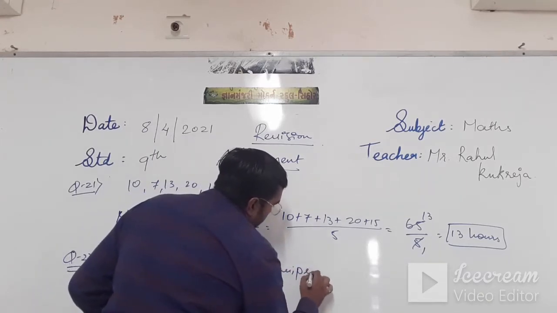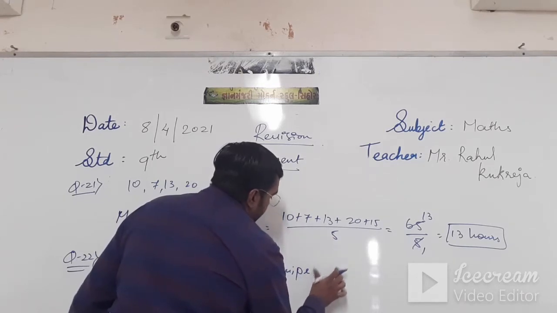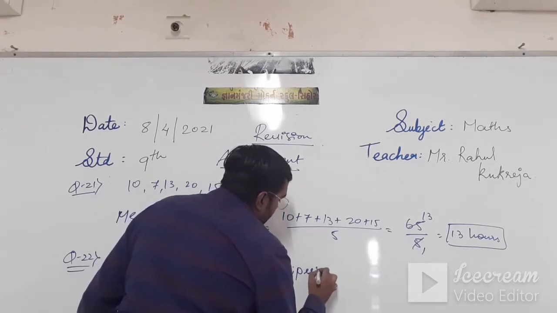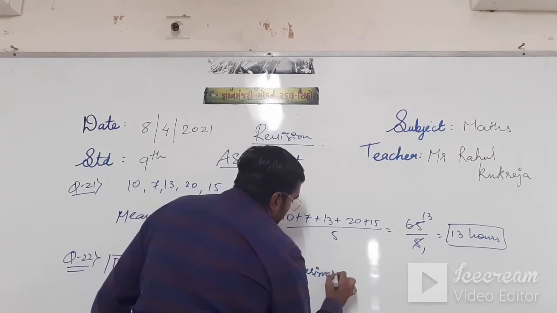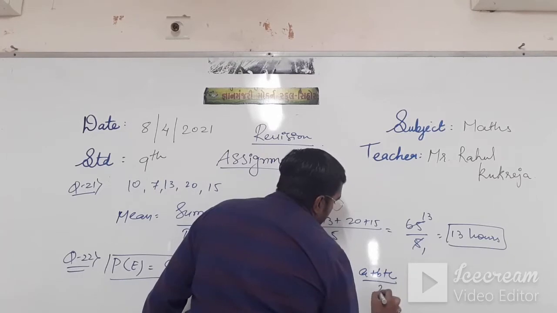Semi perimeter is equal to a plus b plus c divided by 2.